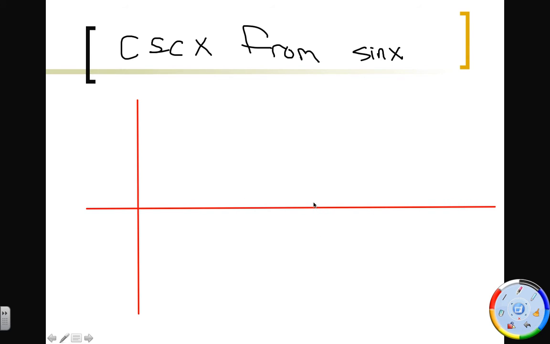So let's call this 2 pi, which makes this pi, which makes our other stuff our pi halves. And let's go out a little bit farther and call this 3 pi. Not a whole lot of necessity for 3 pi, but I'll show you why I want it.